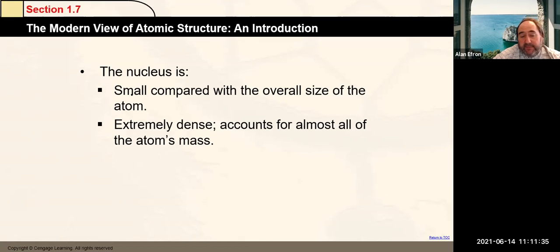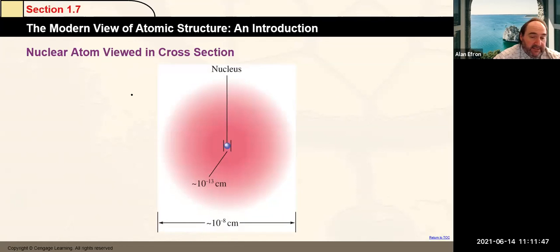The nucleus is small compared to the overall size of the atom. It's extremely dense, and the nucleus accounts for pretty much most of the mass of that atom. Here's a cross section of it.